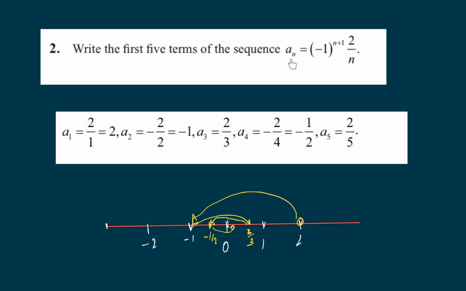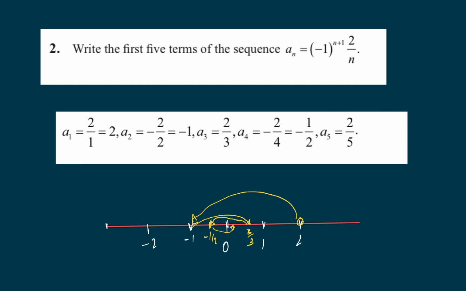For n equal 2, 2 plus 1 will be 3, minus 1 raised to the power 3 is negative, is minus 1, so it will be minus 2 divided by 2. For n equal 3, you will obtain positive 2/3. For n equal 4, minus 2/4, which is minus 1/2.